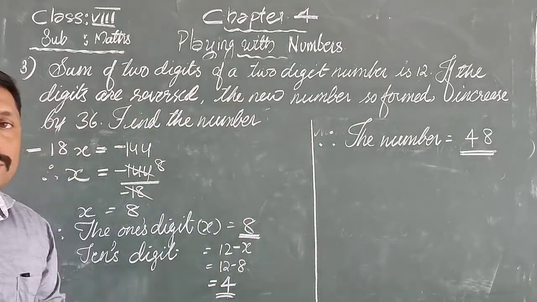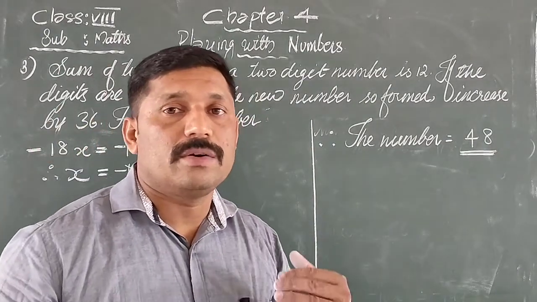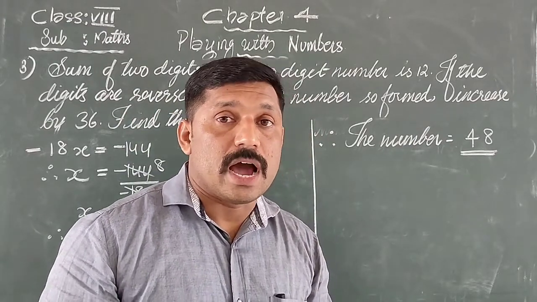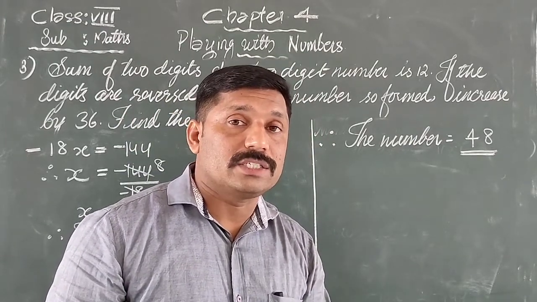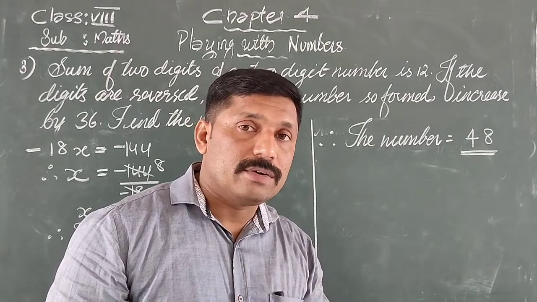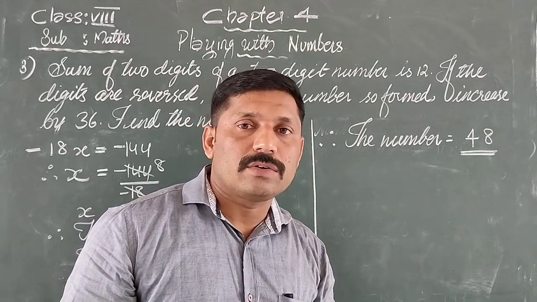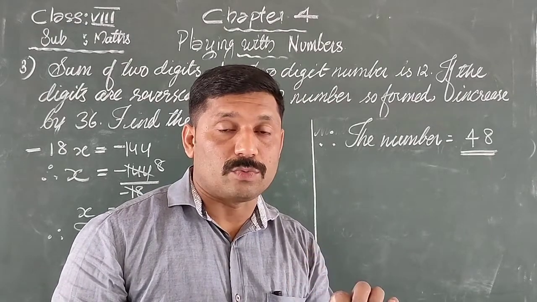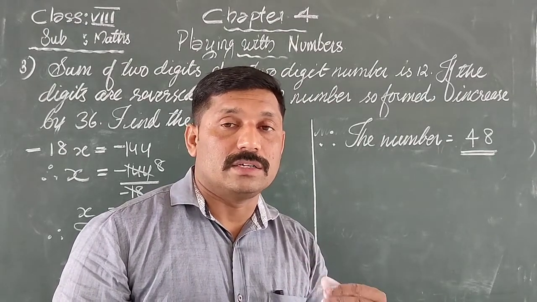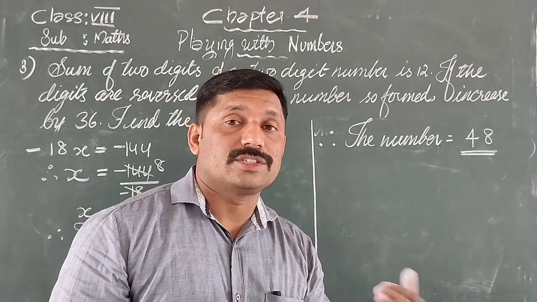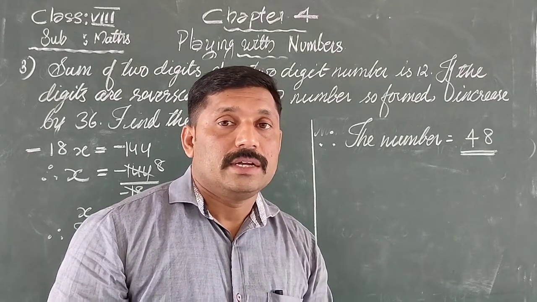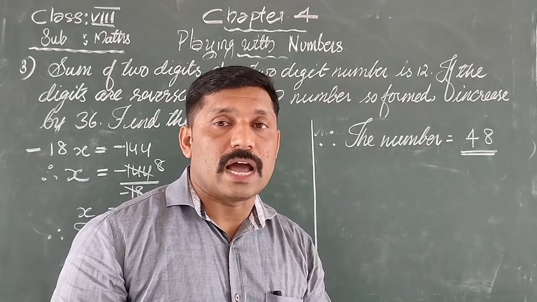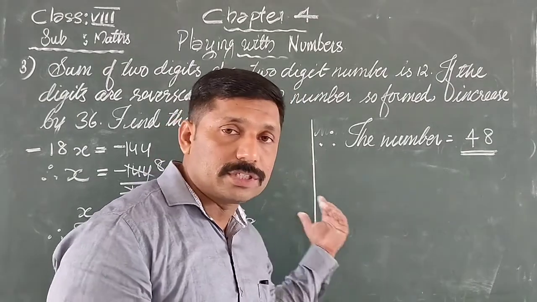So in this way, first of all, we assumed the ones digit and the tens digit. After finding the ones digit and tens digit, we find the original number by multiplying the ones digit with its place value 1 and the tens digit with its place value 10. Then we get the original number. Then we reverse the digits and find the number after reversing.